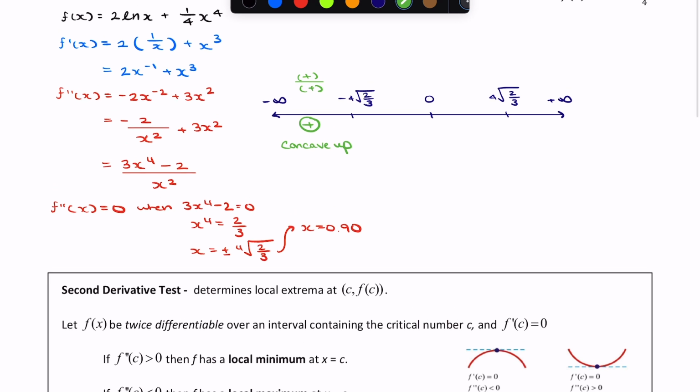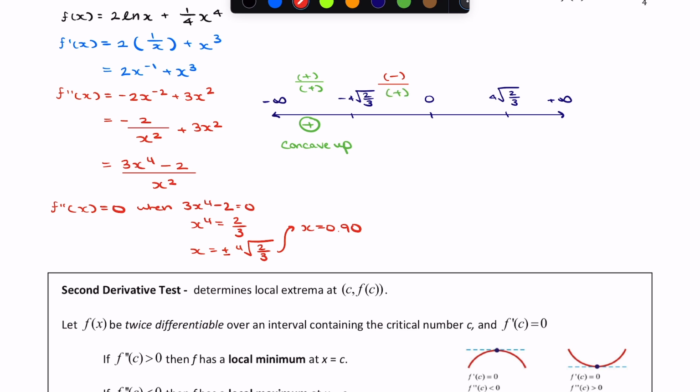In between negative fourth root 2 over 3 and 0, we'll pick something like negative 0.5. So 3 times negative 0.5 to the power of 4 minus 2 will give us a negative value. Then we sub in negative 0.5 squared, which gives a positive value.